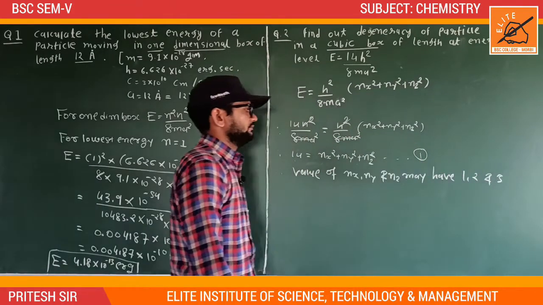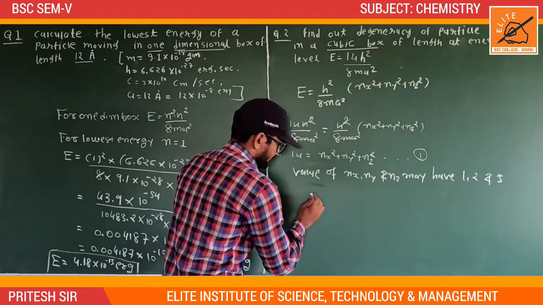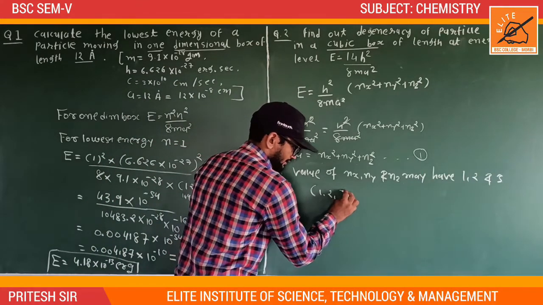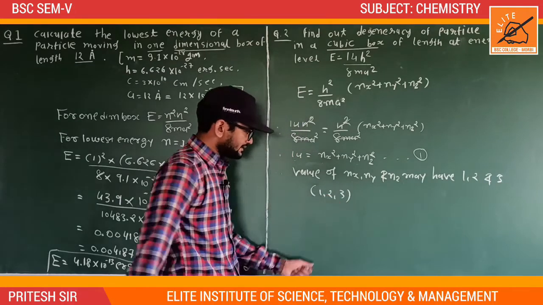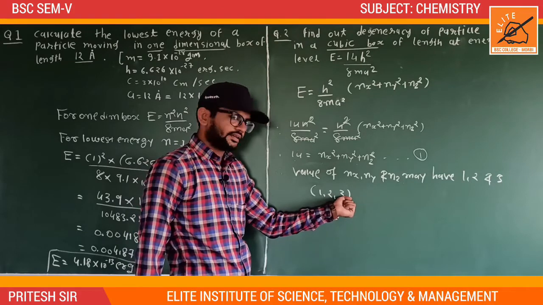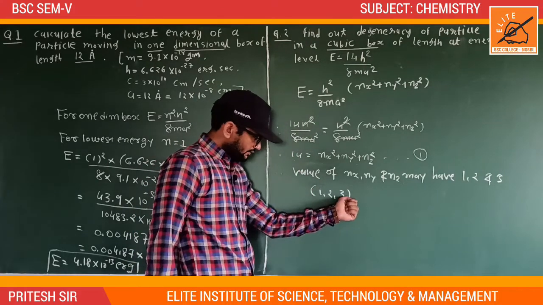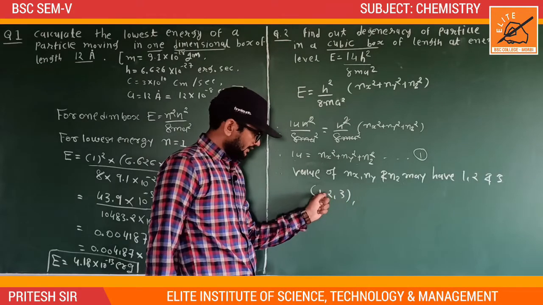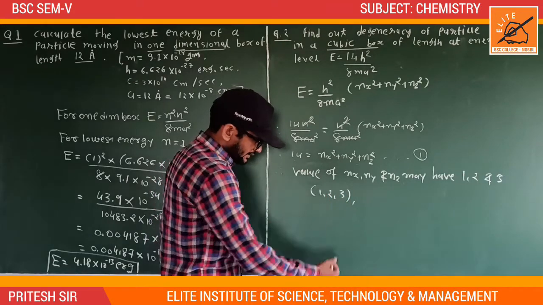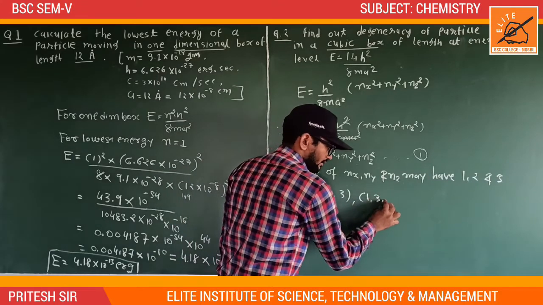In this case the first one is 1, 2, 3, where nx is equal to 1, ny is equal to 2 and nz is equal to 3, and another will become 1, 3, 2. 1 remains constant, interchange these two variables: 1, 3, 2.